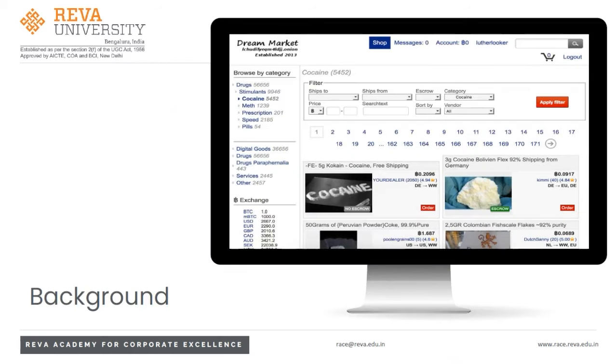So I'm just showing you a snapshot as to how this looks. You can see the products that they're selling here. You can see like cocaine. What is the price? You can see DE to WW. D is Deutsch, which means Germany. So the vendor is selling from Germany to worldwide. Now here again, you can see the vendor selling from Germany to European Union or Germany, and you can also see the Bitcoin price also being displayed.